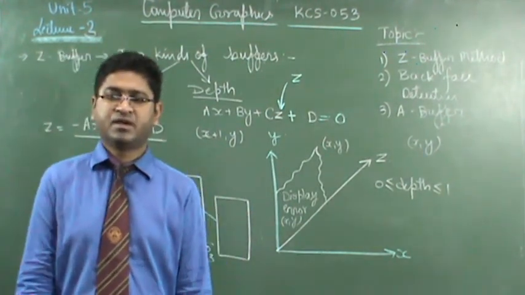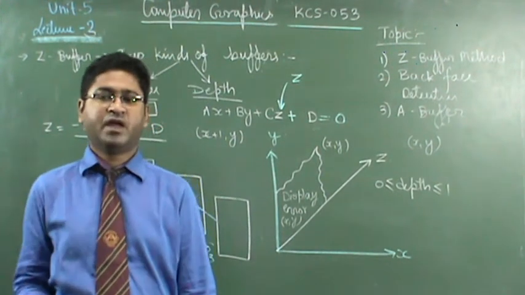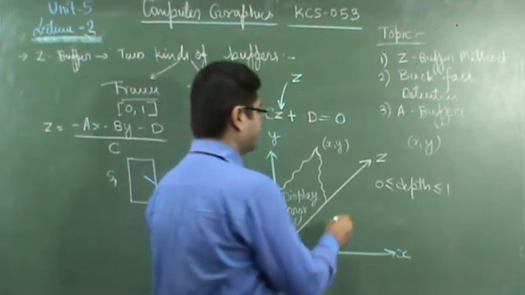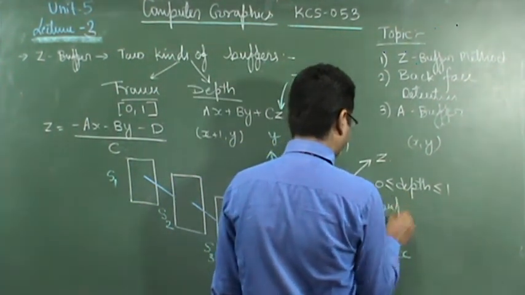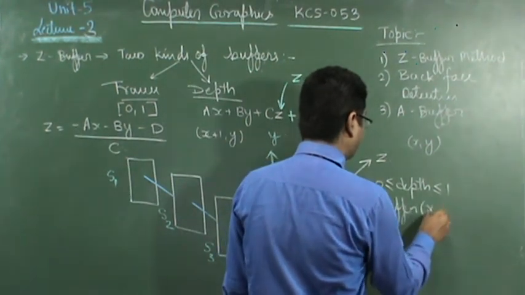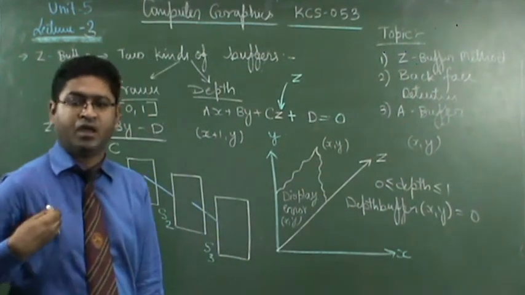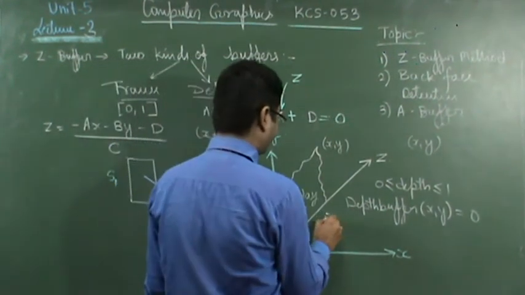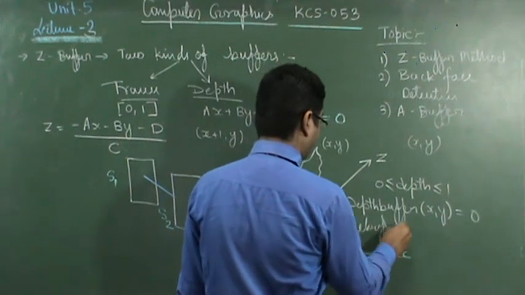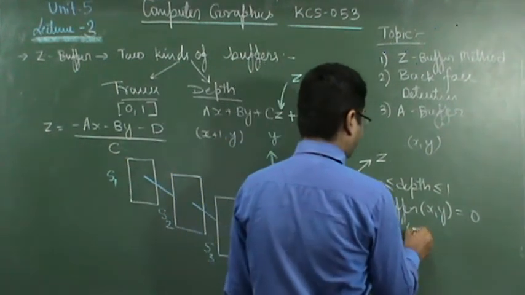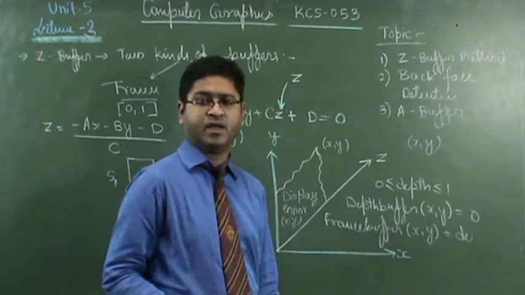In step 1 and step 2, we set the depth buffer at x, y equal to 0, and the frame buffer at x, y equal to the background.